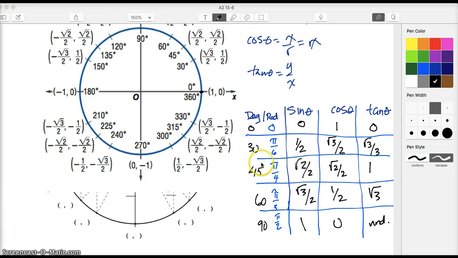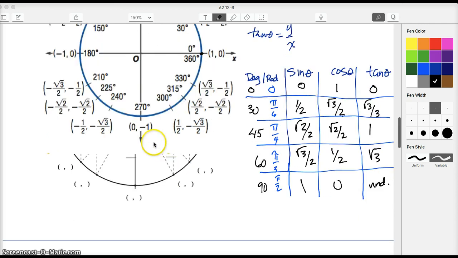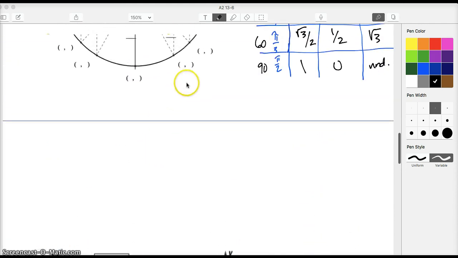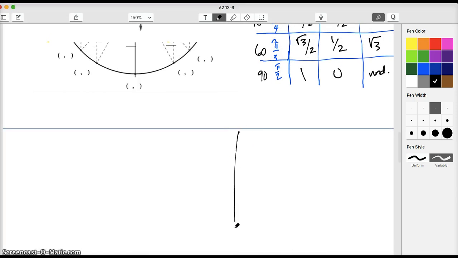Now that my chart for the first quadrant is done, this is really my chart for all of the reference angles. And the only thing I have to remember is what the sign is, positive or negative, not sign like sine curve, but the sign of the value in each quadrant. We'll discuss that right here. So before we get to that part, what I want you to keep in mind is that in the first quadrant, sine, cosine, tangent, all three of them are going to be positive.